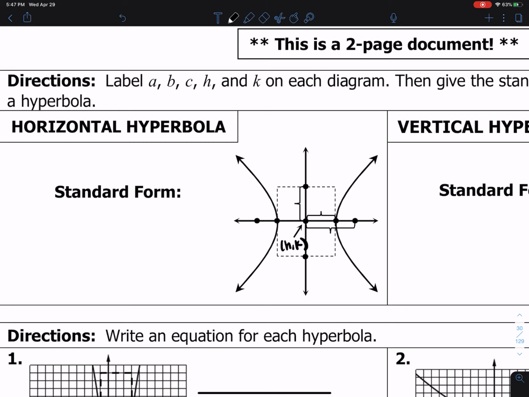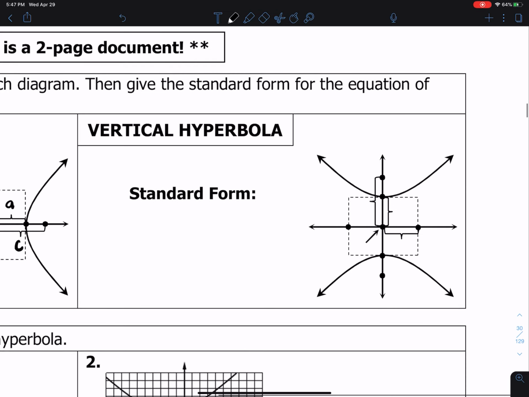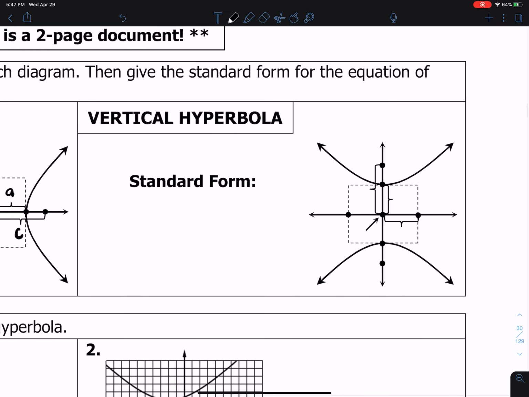And then we have A is from the center to one of the vertices, and then B is from the center to one of the co-vertices, and then C is from the center to the focus. Then on the vertical hyperbola, this is HK, because that's the center.